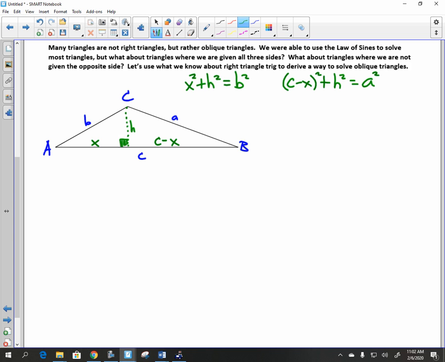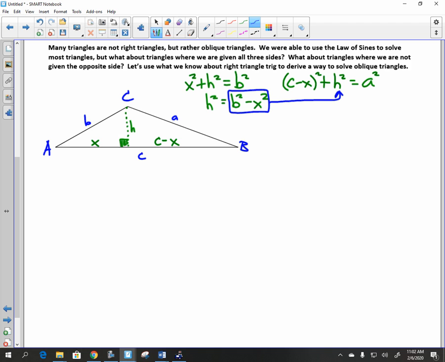Hey, what do those two formulas have in common? They each have an h squared. In fact, h squared is equal to b squared minus x squared. If I know h squared is equal to b squared minus x squared, what can I do with that piece? Substitute it, and then h disappears altogether, doesn't it?